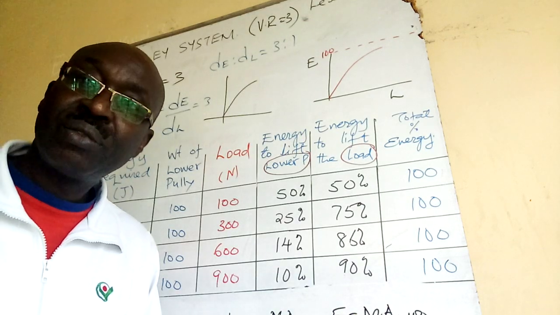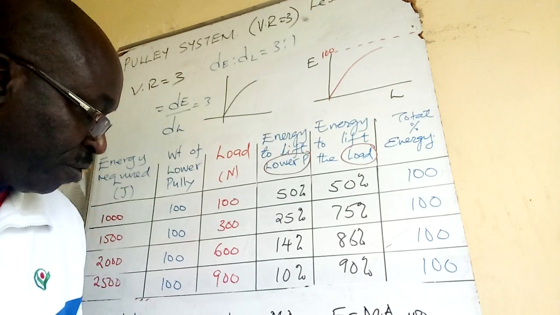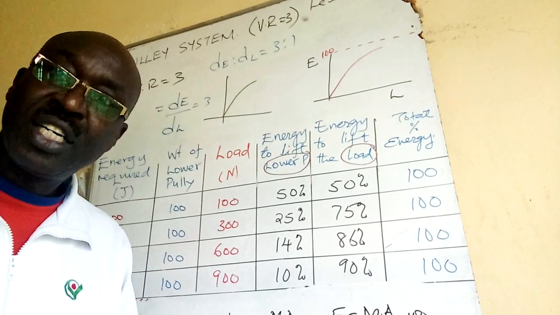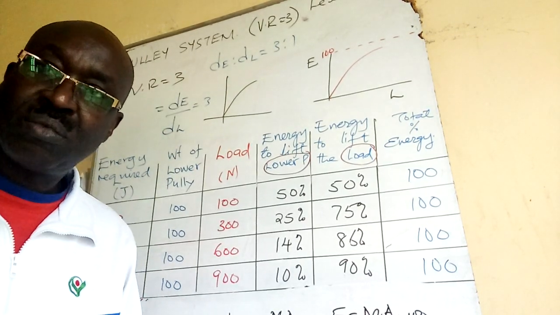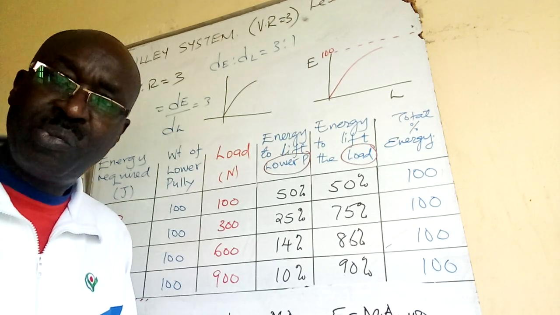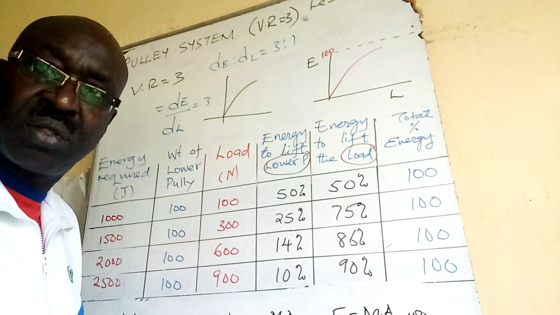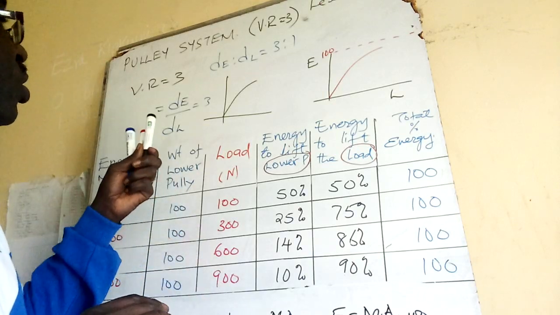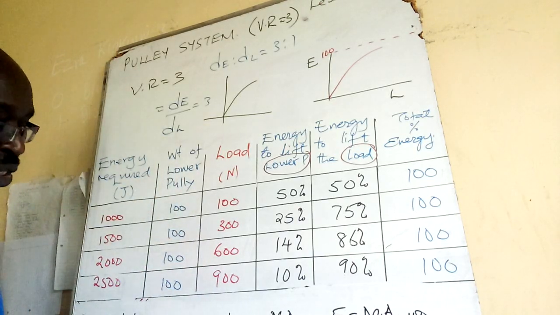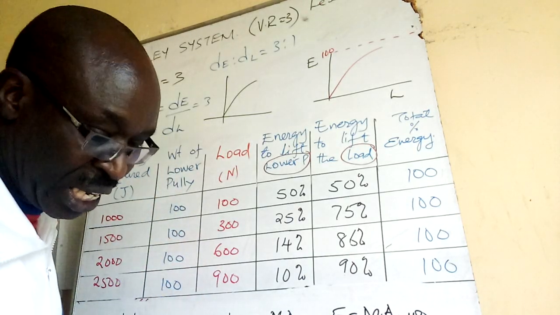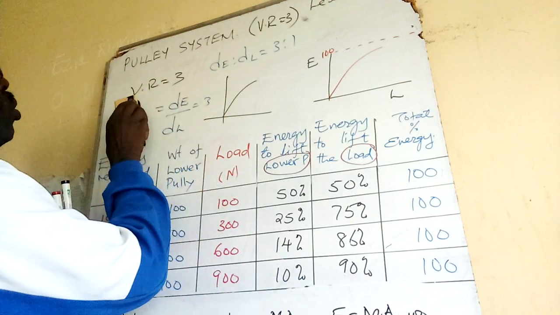Efficiency is equal to mechanical advantage over velocity ratio times 100. Velocity ratio is 3. So if I divide all this by factor 3, they will still be increasing. Just check here again. Suppose these figures were increasing. I'm just giving you a simple example.